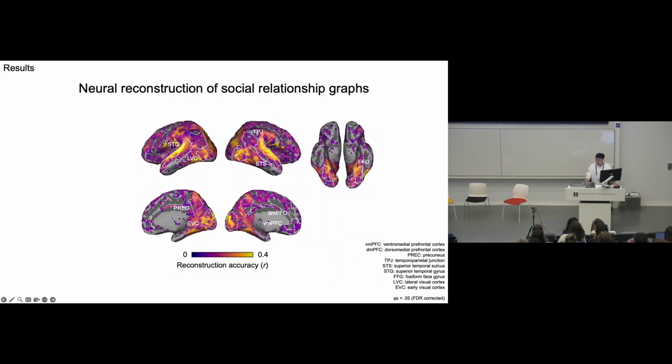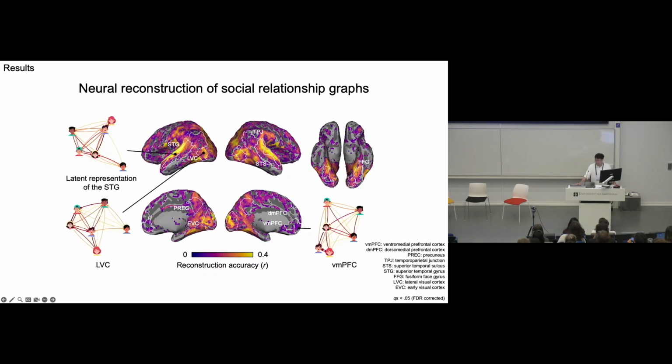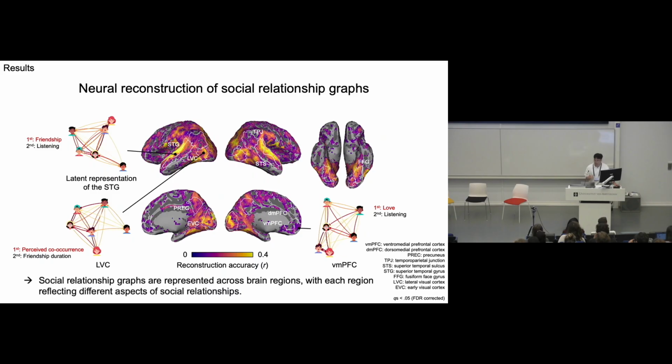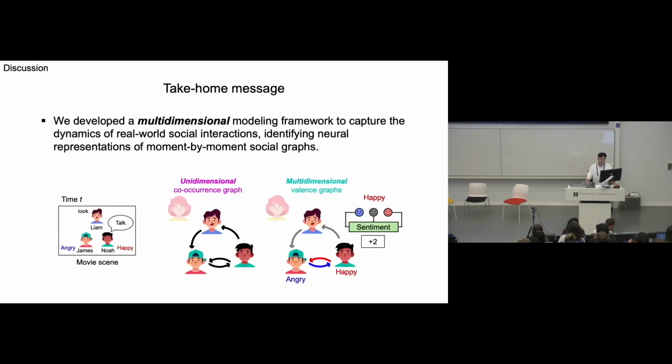The results showed successful reconstruction of social graphs across multiple brain regions. But interestingly, their latent representations were not identical. For example, the reconstructed graph from the lateral visual cortex mainly reflected the perceived co-occurrence dimension, whereas the one from the VMPFC reflects the love dimension, suggesting that each brain region reflects different aspects of social relationships.